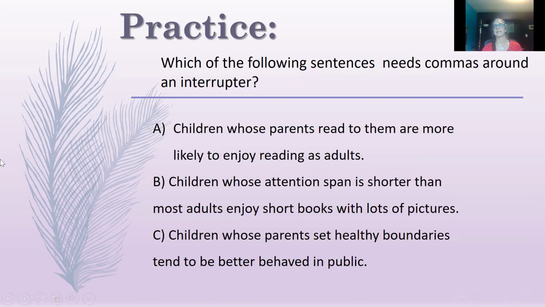Which of the following sentences needs commas around an interrupter? Children whose parents read to them are more likely to enjoy reading as adults. Children whose attention span is shorter than most adults enjoy short books with lots of pictures, and children whose parents set healthy boundaries tend to be better behaved in public.